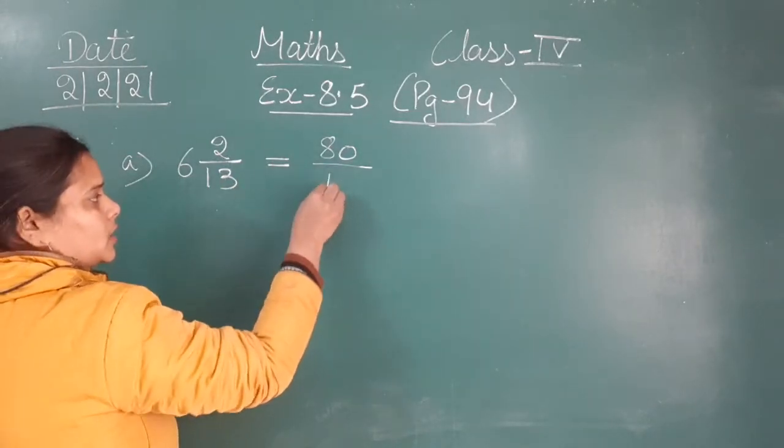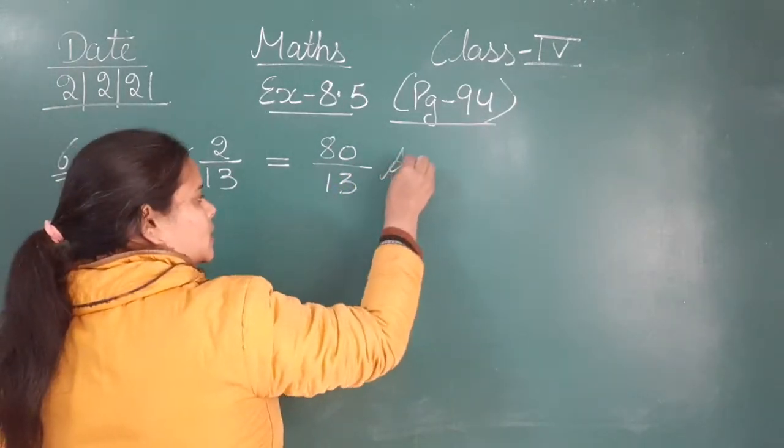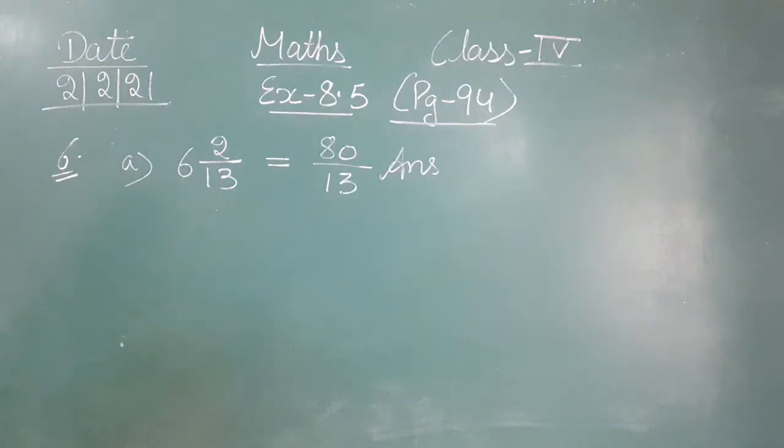Denominator will be 13. So the answer we got is 80 upon 13. Clear? Chaliye, moving next to the B part.